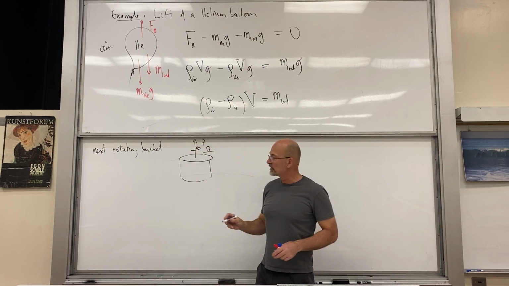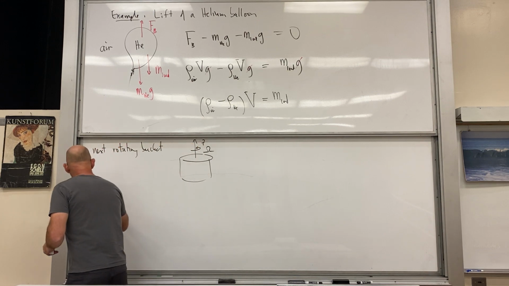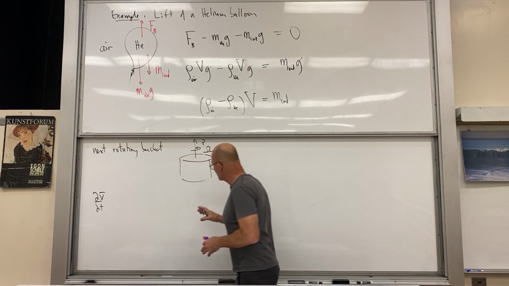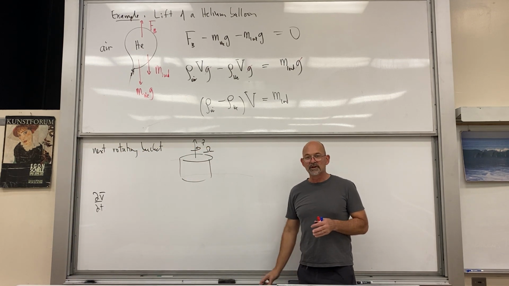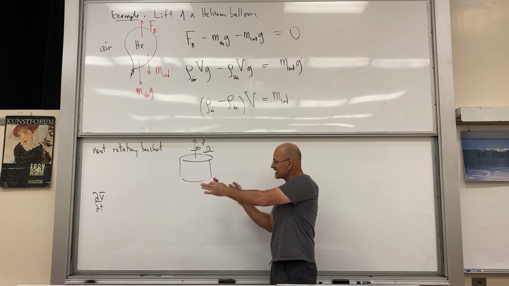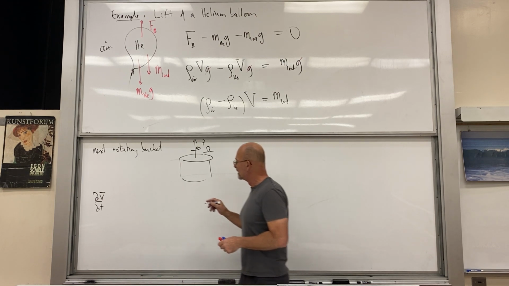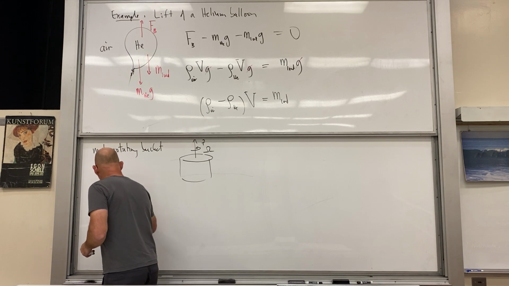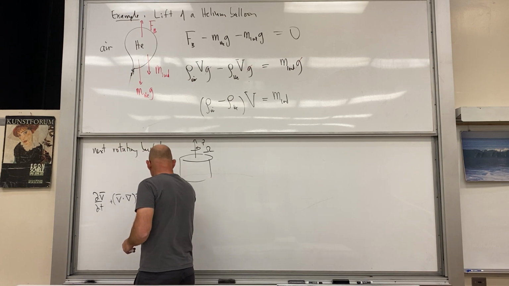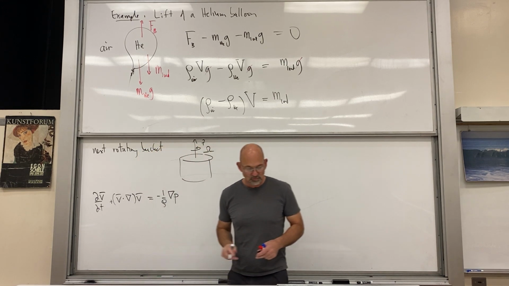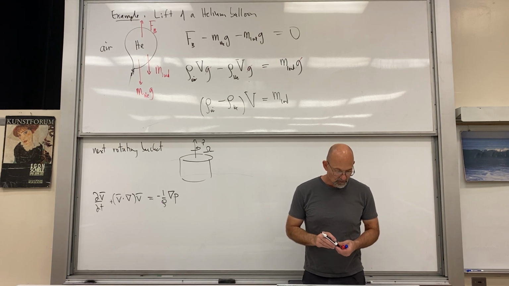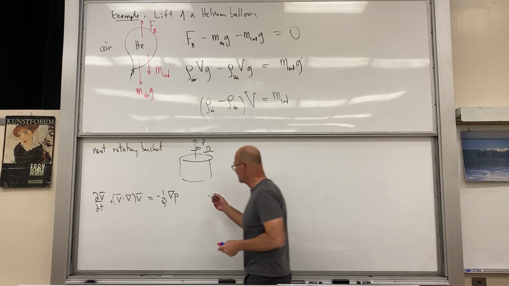But first, let's start with Euler's equation again. This is an interesting one because just based on what I just said, we know the solution. So we're actually going to write down the solution and just see how everything balances out. Okay. So we start with Euler's equation. V dot grad V equals minus 1 over rho gradient P. And I'm going to put the g in explicitly.